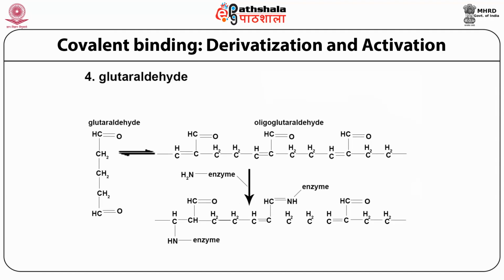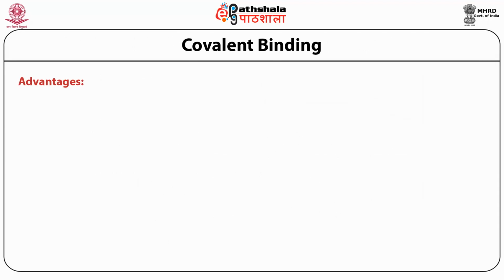There are other molecules like glutaraldehyde, a well-known fixative, which cross-links between amino groups and carboxylic groups. You can see how glutaraldehyde is involved in covalent bond formation between the enzyme and the matrix.